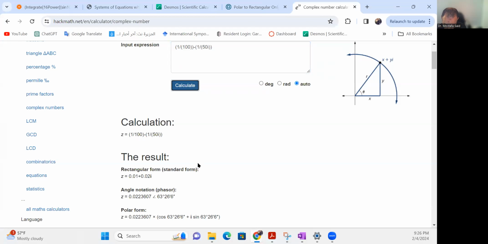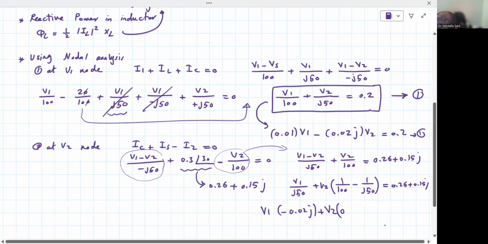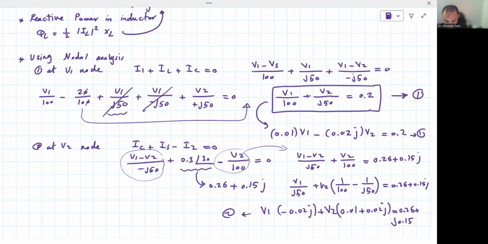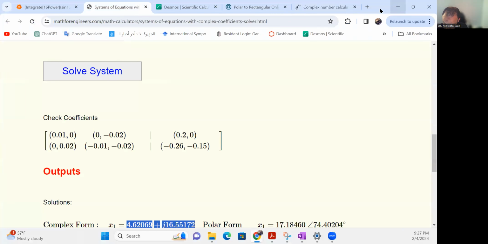Calculate that. 0.01, 0.02. 0.01 plus 0.02 J. And the right hand side is still the same, J50. Okay, so that's number 2. So we have now the 2 equations. So we can now use the other tool, the online tool that we learned, and solve these 2 equations together.